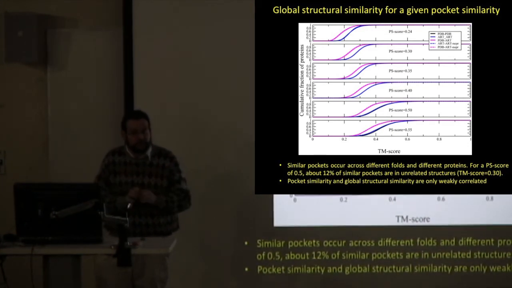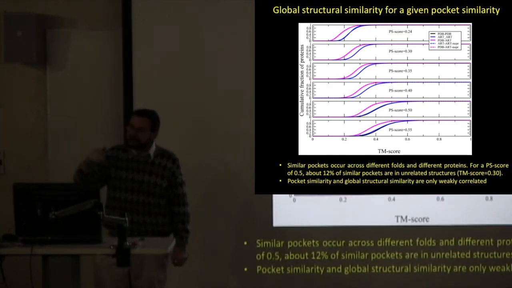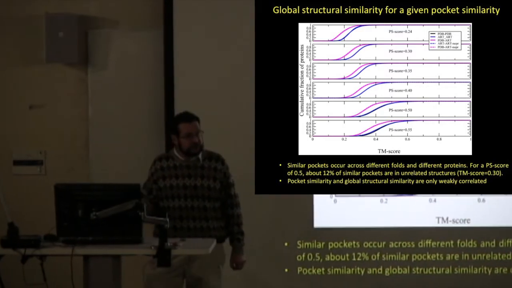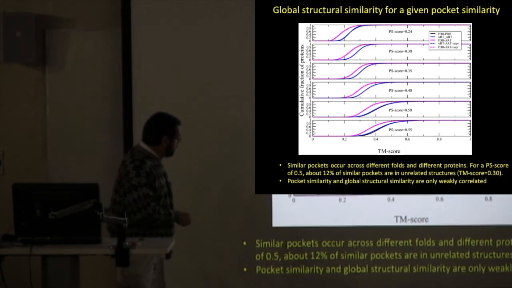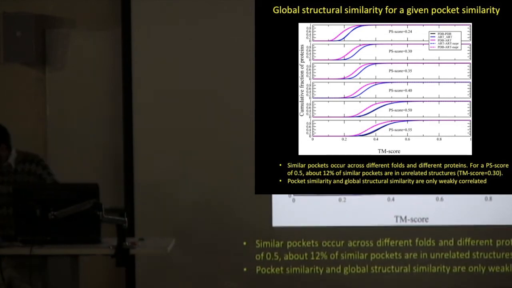It's not one-to-one. So it is not true that if you give me the same global structure, unless they're very, very, very similar, I'm going to have the same pocket similarity. What you're going to see is that in this case, most of the pockets are in globally dissimilar structures. Well, that's life.